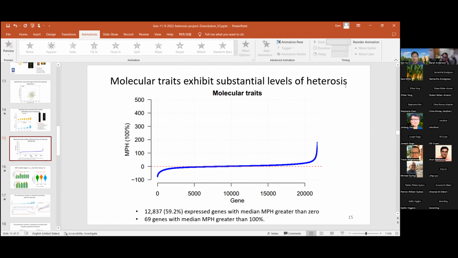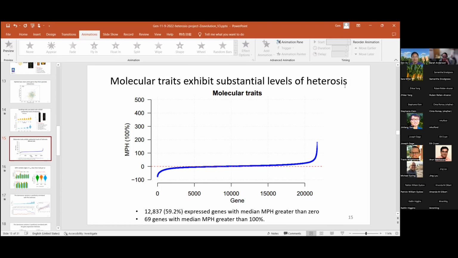Those are the patterns we observed in the maize diversity panel. That suggests deleterious alleles not only reduce the gene expression, but also likely create much higher gene expression levels than the regular gene.